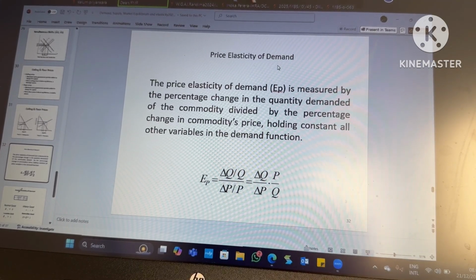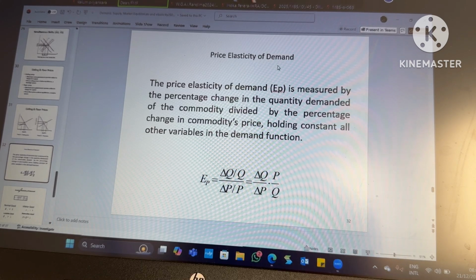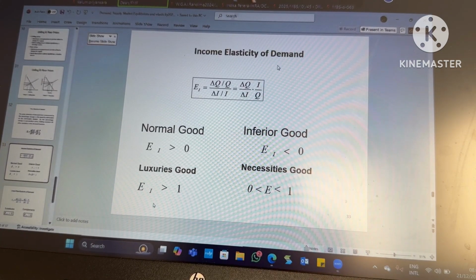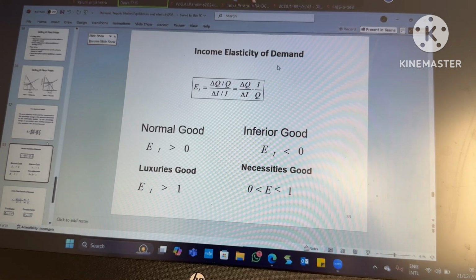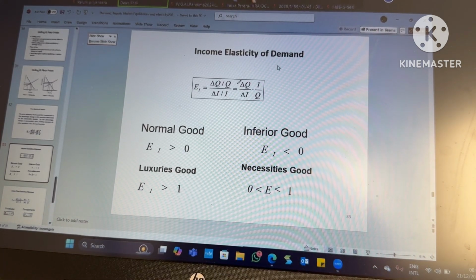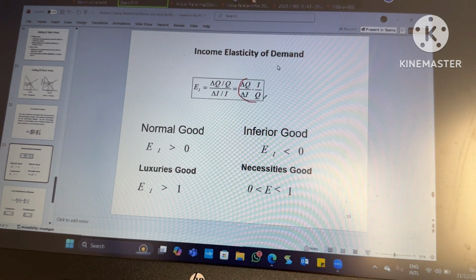Let's discuss all these things and move to this one. Income elasticity we already discussed, but anyway, this is the formula for income elasticity. As I said, the letter I can also be used for this.